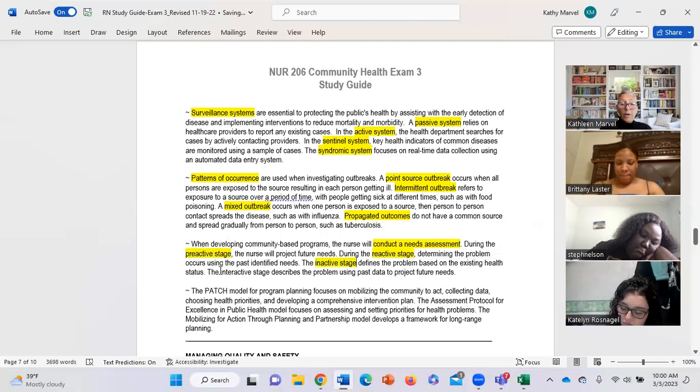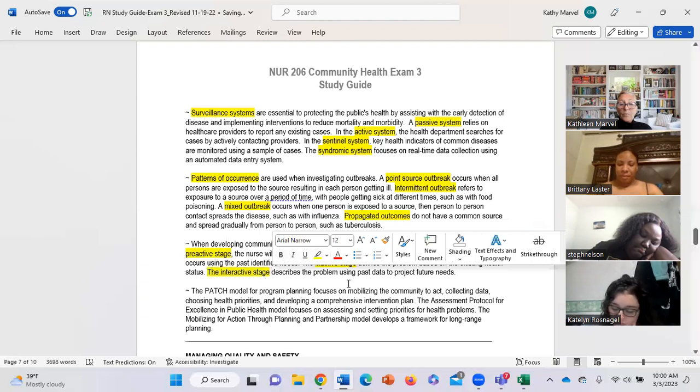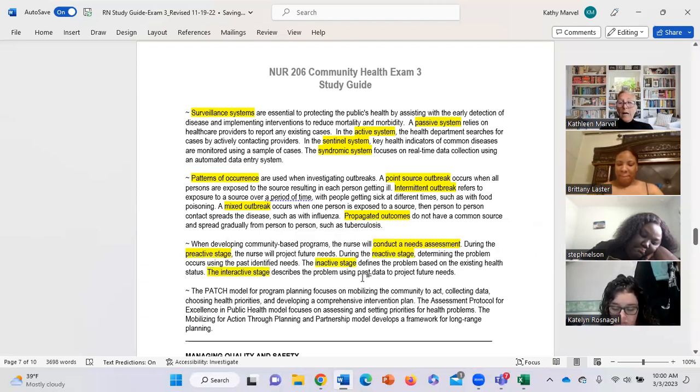And all these 3 paragraphs give you a sentence describing what each of these are. So there's my highlighted words: first, your 4 surveillance systems, your 4 patterns of occurrence, and your 4 stages when conducting a needs assessment. Okay, so I'm trying to show you how to break it down so it just doesn't look like a whole bunch of reading. There's specific information in each of these.